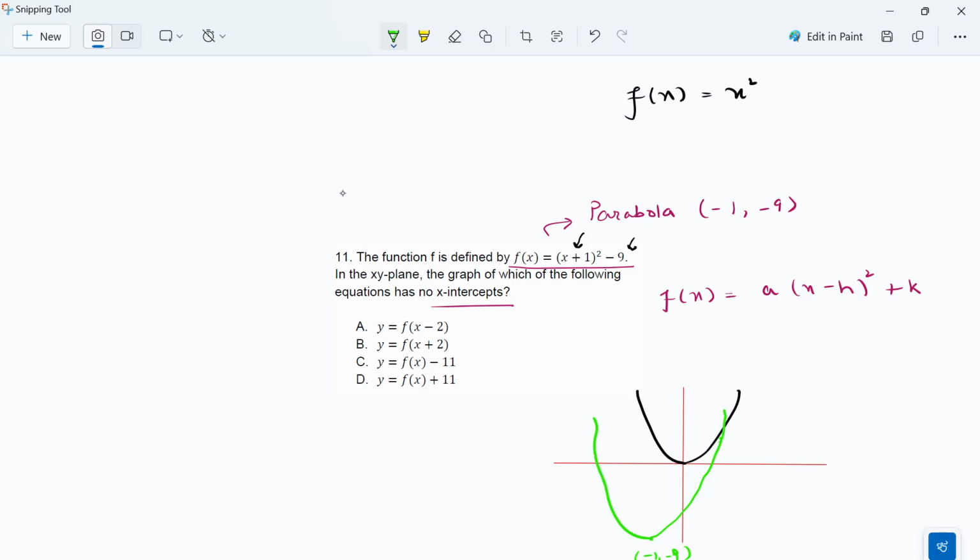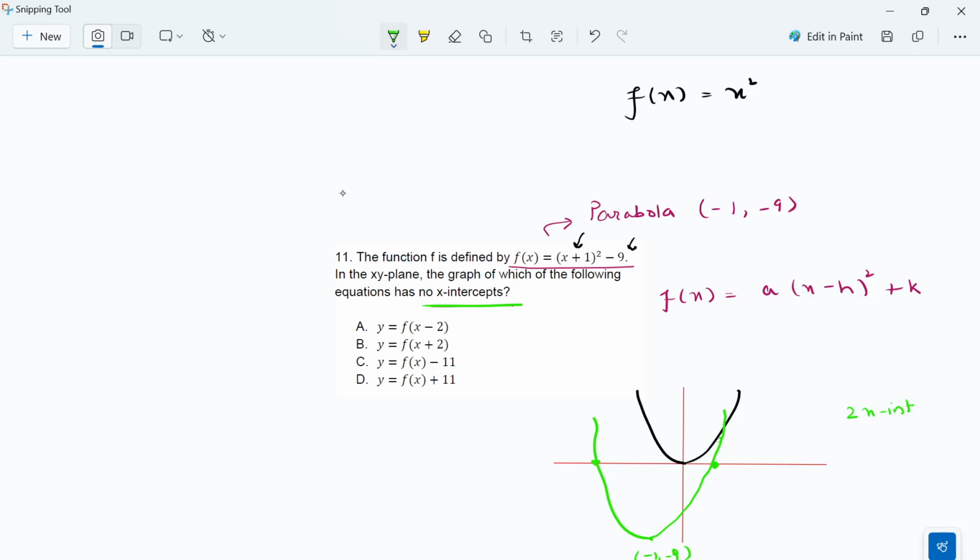This parabola is touching the x-axis at 2 points. That means it has 2 x-intercepts, and we want to find the equation which will have no x-intercepts.